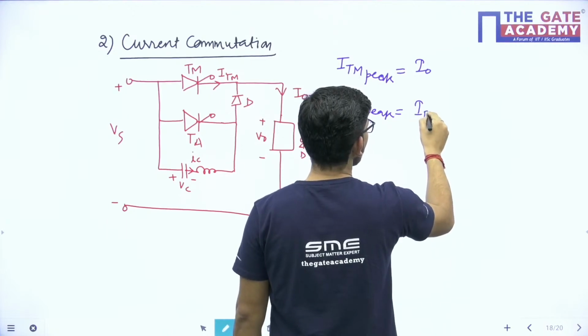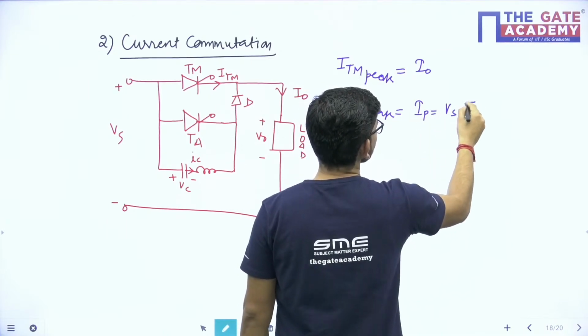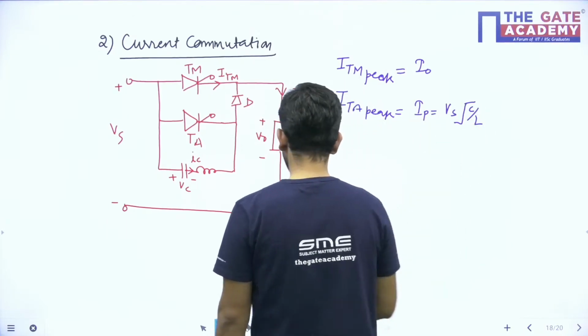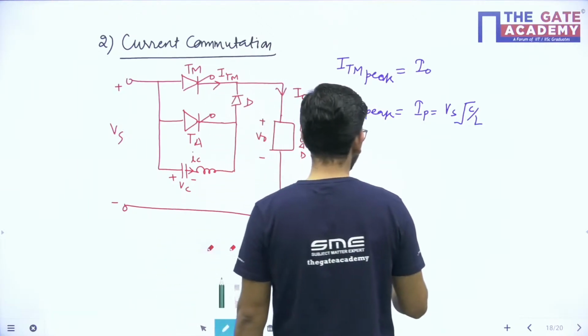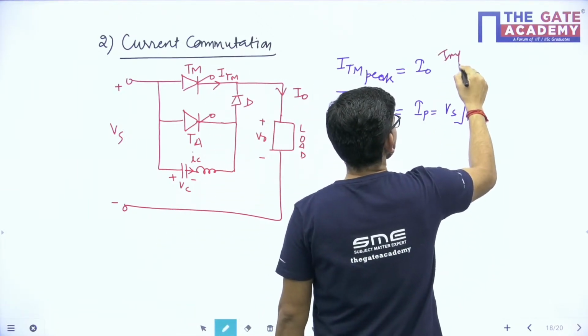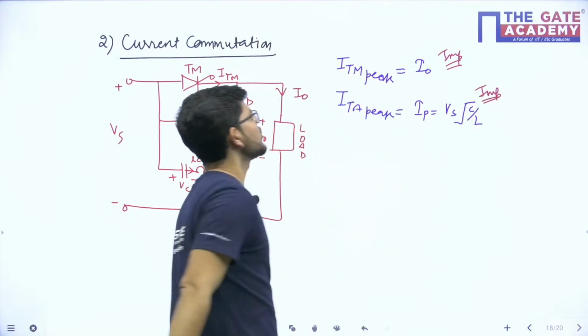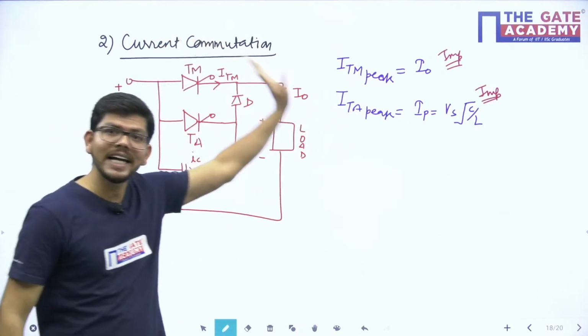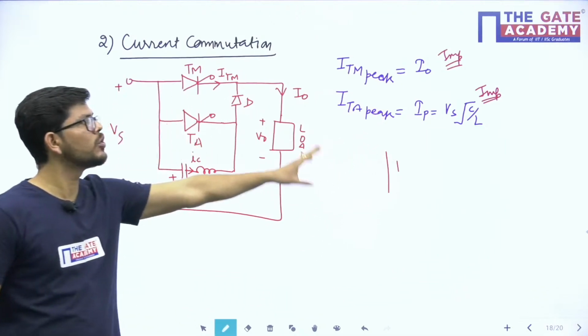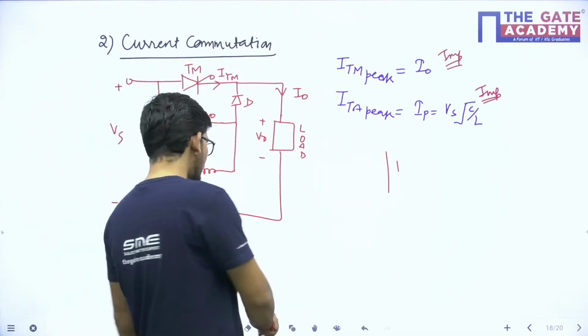This is equal to IP, or Vs under root C by L. These are very important formulas. Several times questions have been asked from these formulas. So ITM peak will be equal to I0. ITA peak will be equal to IP, that is the peak value of IC.